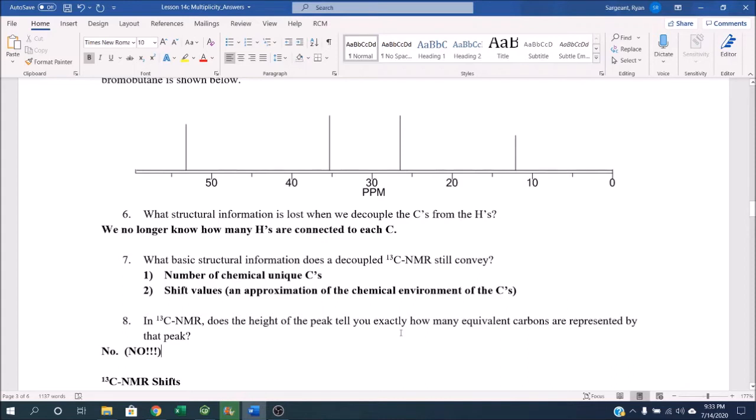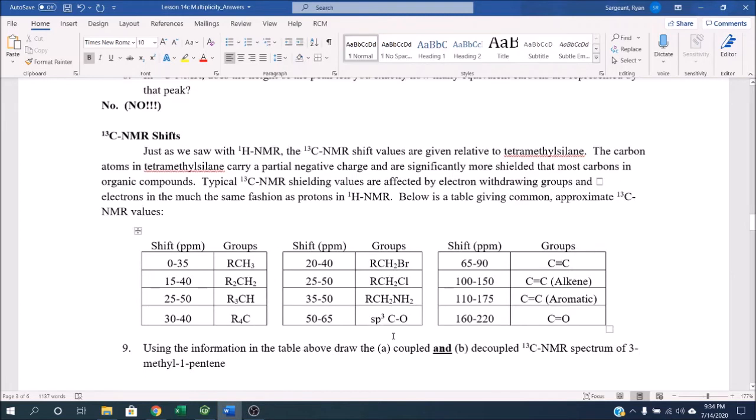And we can get away with that in proton NMR because 99% of hydrogens are protons. And so we're not diluting our sample by choosing an isotope that is less abundant like we do with C-13 NMR spectroscopy.